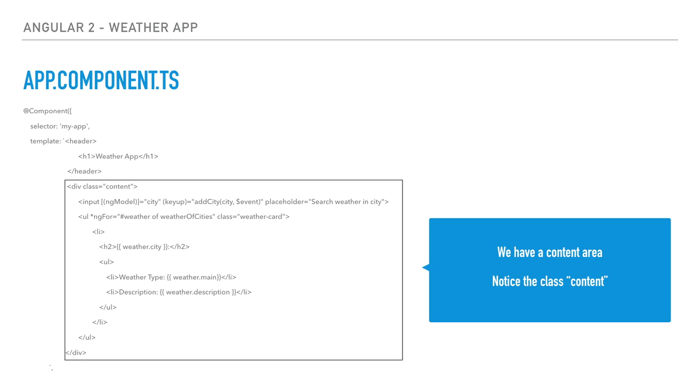Take a look later on, slowly, from this slide, so you can see that we have a class weather card also. This is what will style every row containing the weather, the class content, as I mentioned before, and the header.